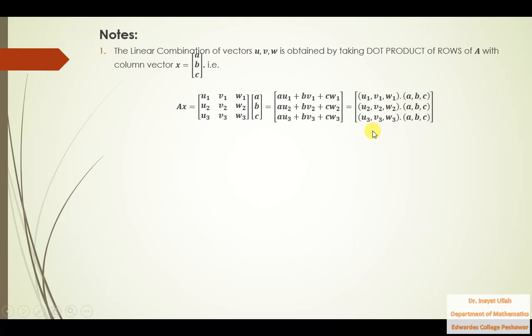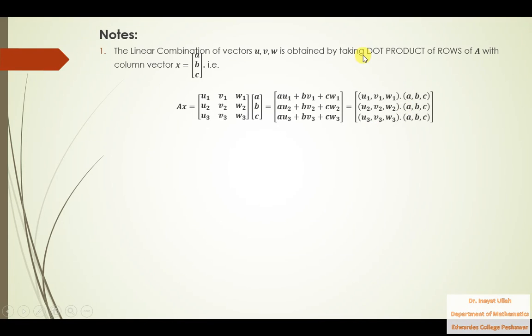And similarly here. So it means that if you multiply a square matrix with a column vector, that is actually row dot column. You see here, first row dot column. Similarly, second row dot column, third row dot column.